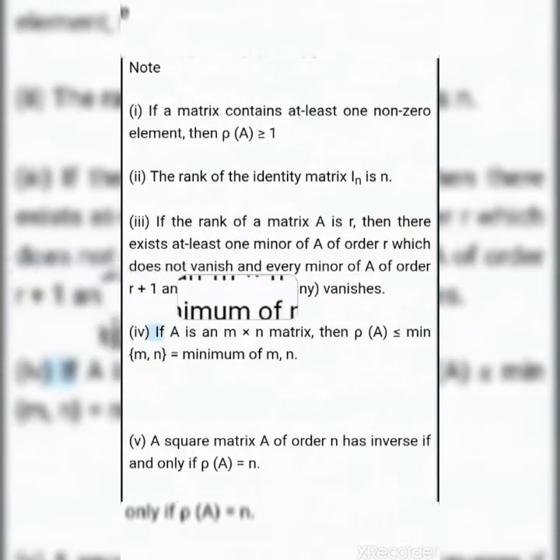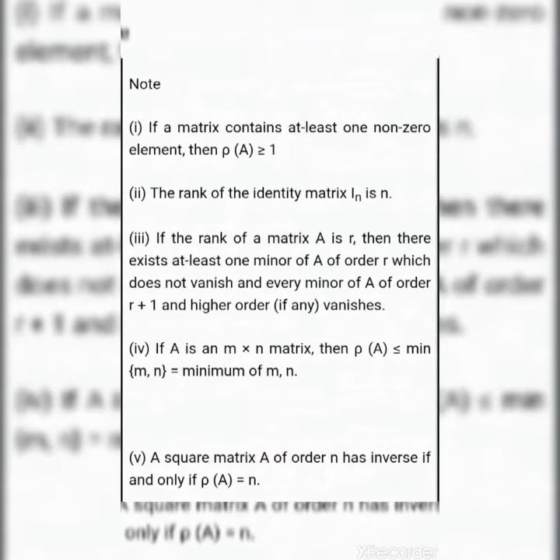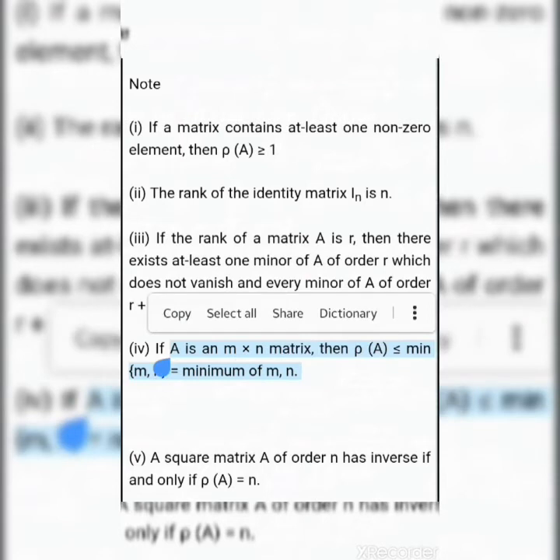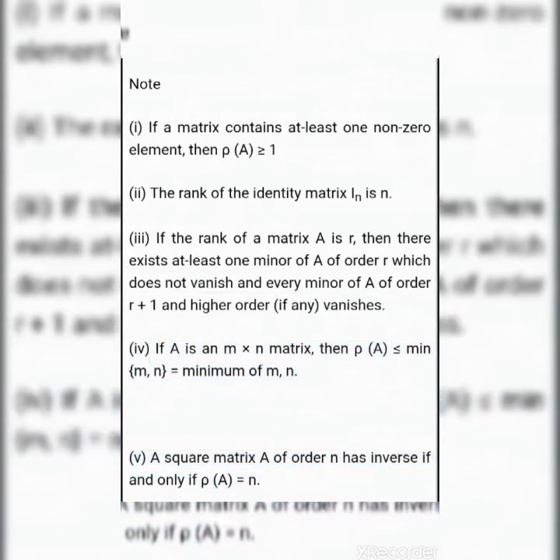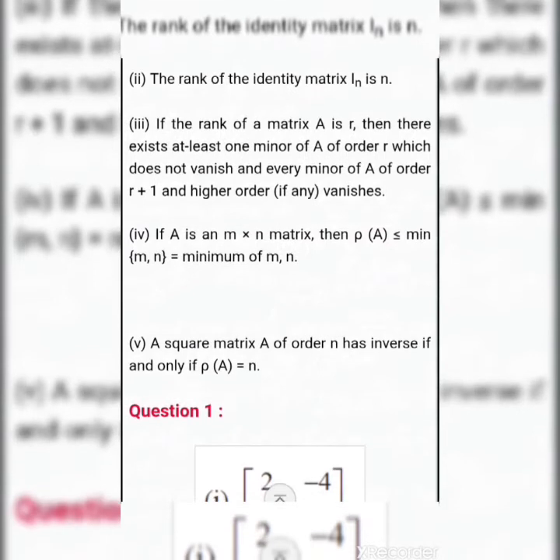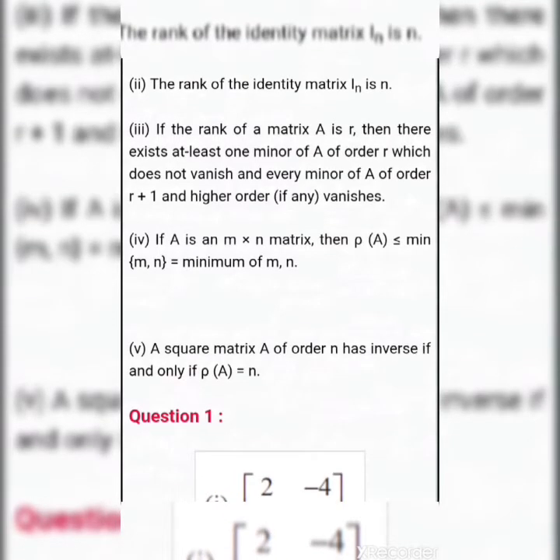Fourth point, if A is an m by n matrix, then rank of A is less than or equal to minimum of m comma n. Fifth point, a square matrix of order n has an inverse if and only if rank of A equals n.